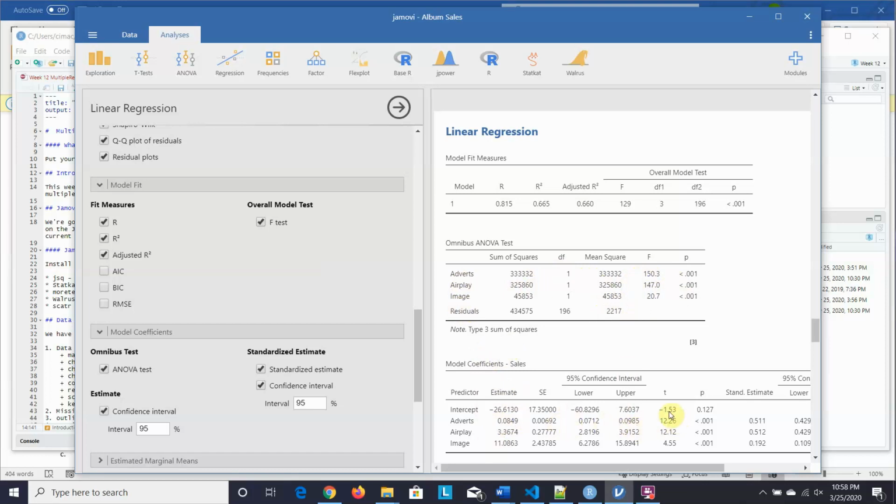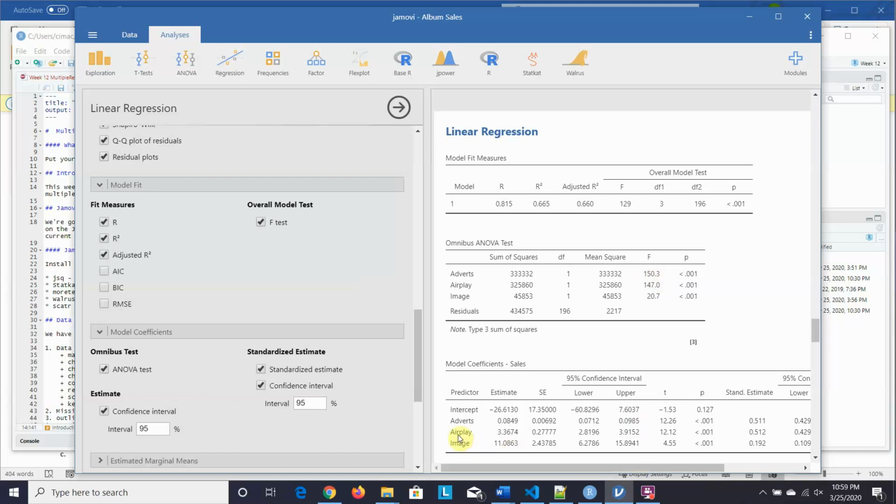If you did the math and looked at adverts here, we have an F value of 150.3, and on our model coefficients, adverts has a t value of 12.26. If you want to get out your calculator and try it, if you square 12.26, it will equal about 150.3.